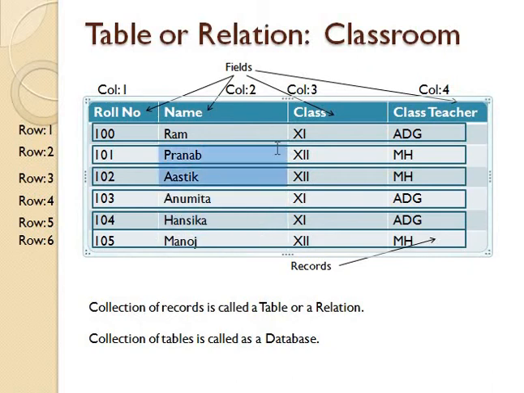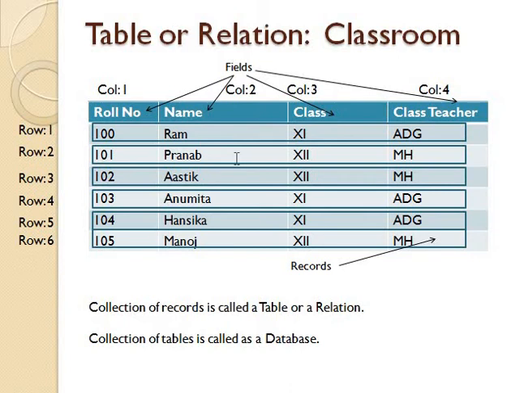Now in the given table, each value is a data item. These data items are the raw facts and figures which are already available, but we can derive new facts from this table, like the total number of students, which in this case is 6.